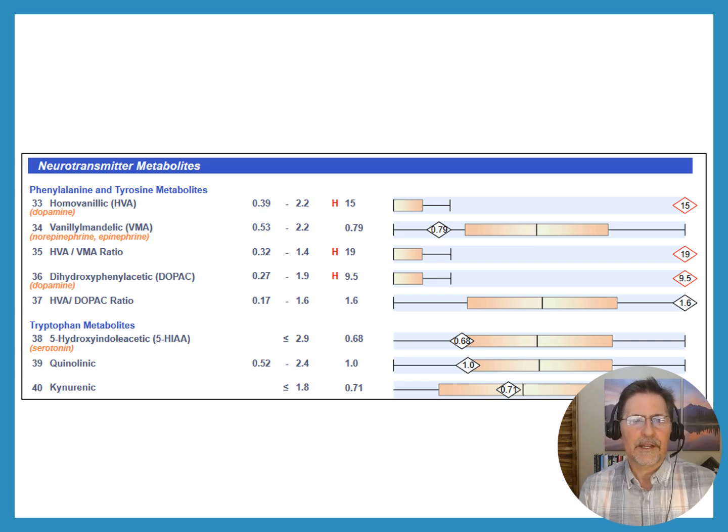But the bottom line is that this is an often occurrence when we have some of those Clostridia bacterial markers elevated. So that's not always the sole case for elevations of homovanillic acid or marker 36, which is called DOPAC, but that can be a leading cause if those Clostridia markers are elevated.